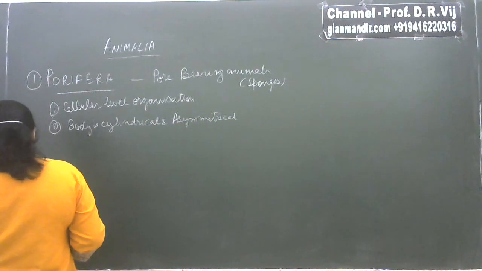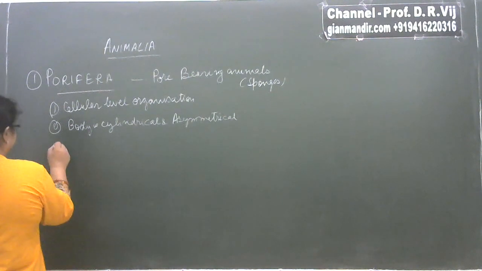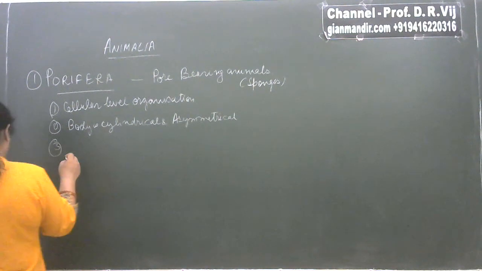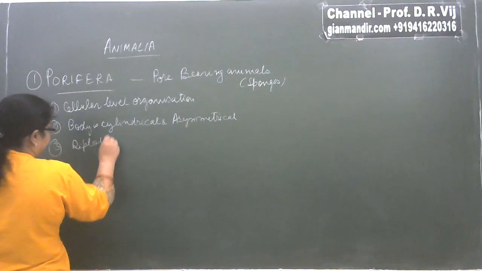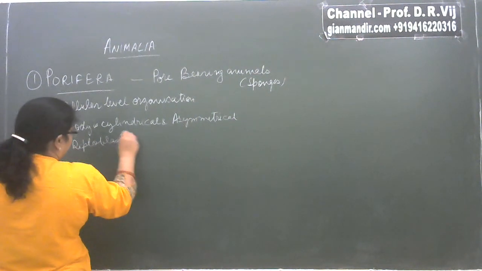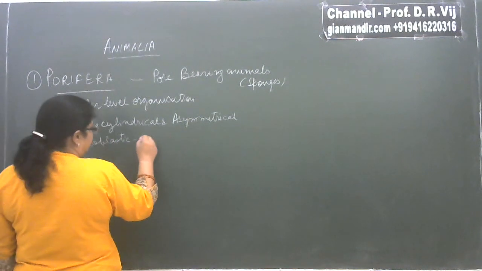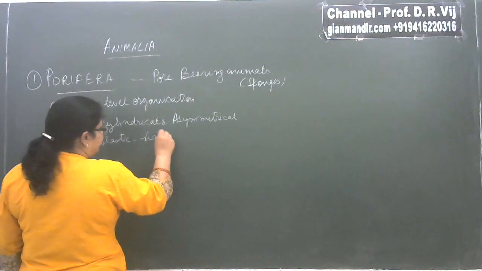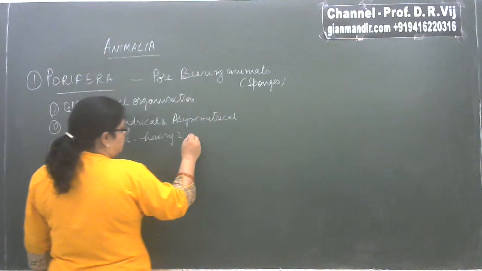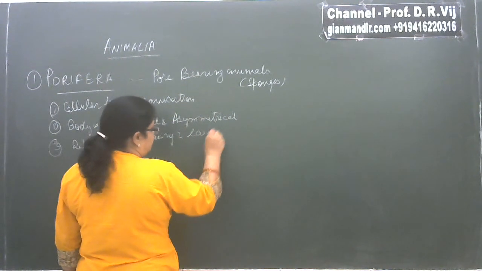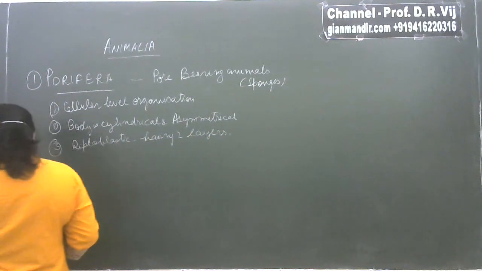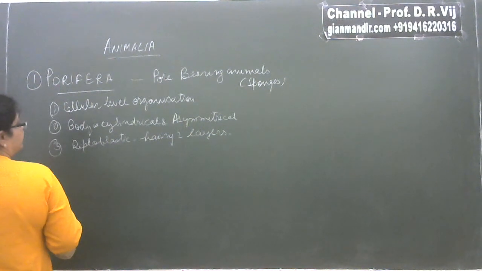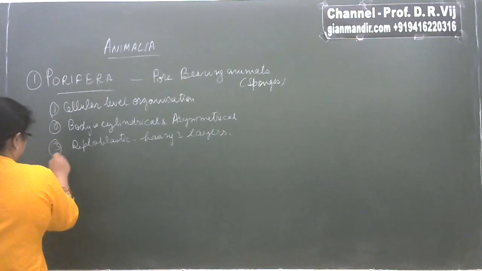So their body is cylindrical and asymmetrical, and these are diploblastic animals, meaning having 2 layers in their body. They have fine pores, and these fine pores are called ostia.